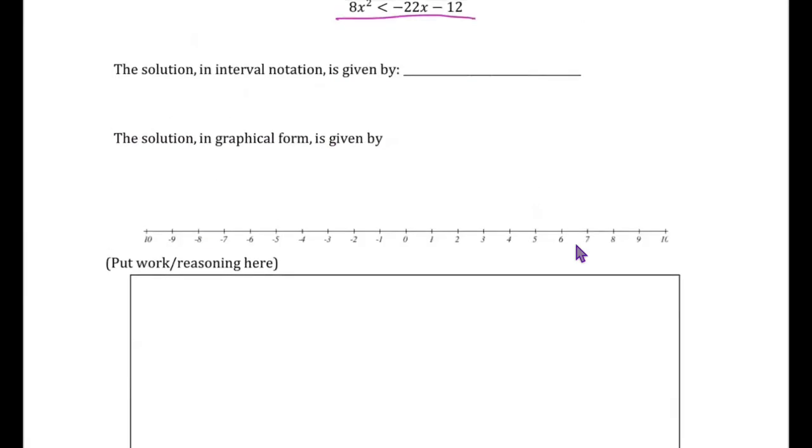So that's going to be 8x squared minus, or plus, we move it over, we add 22x and 12 on both sides of the inequality. So that's 8x squared plus 22x plus 12 less than 0.